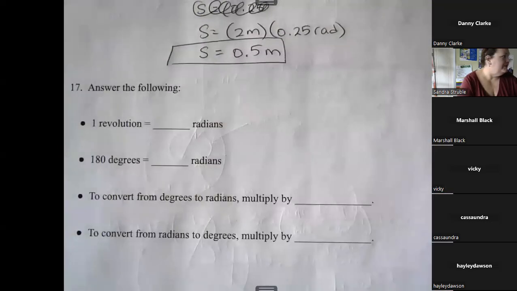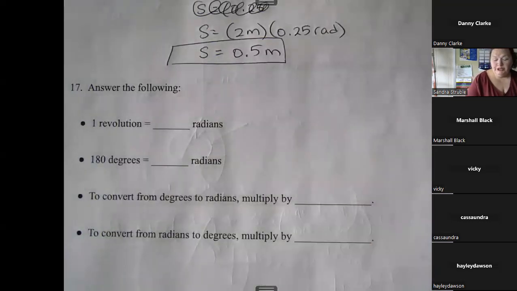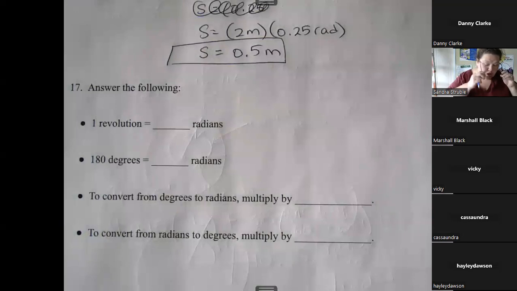All right, so moving on. Answer the following. So one revolution is equal to how many radians? Well, we're going to start thinking a little differently here. We talked about a revolution earlier.